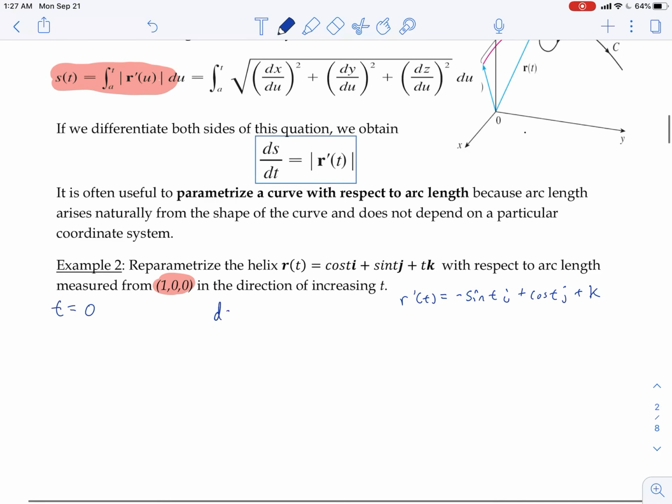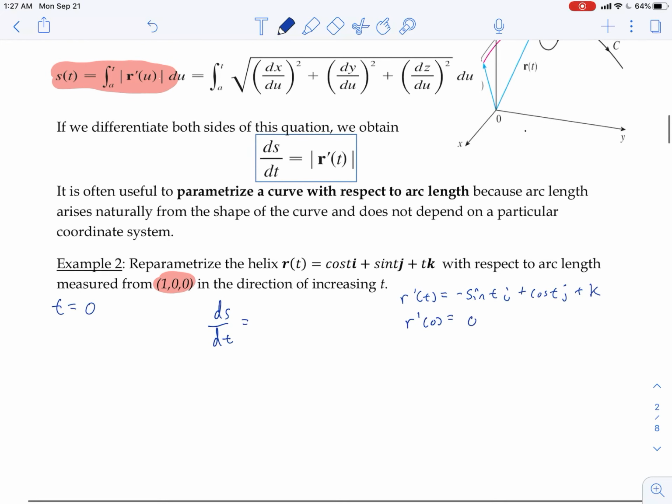If we did r prime of 0, because that's where we're starting, we get negative sine 0, which gives us 0 i, plus cosine 0, which is just 1, so j plus k. So really, r prime of 0 is just j plus k.